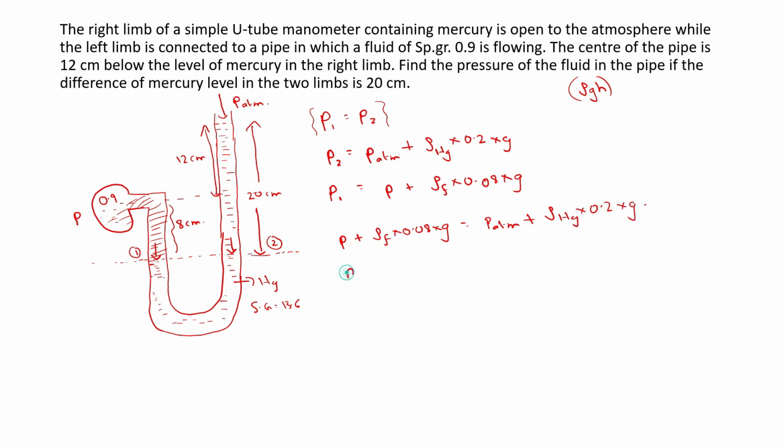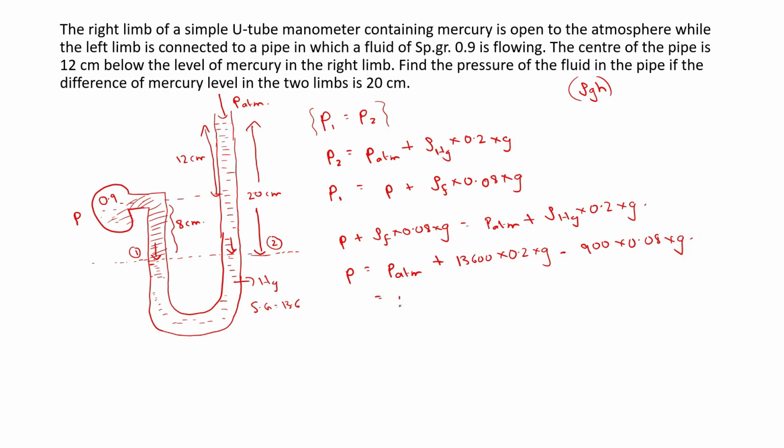So P is equal to P atmosphere plus 13600 into 0.2 into g minus rho f is 900 into 0.08 into g.